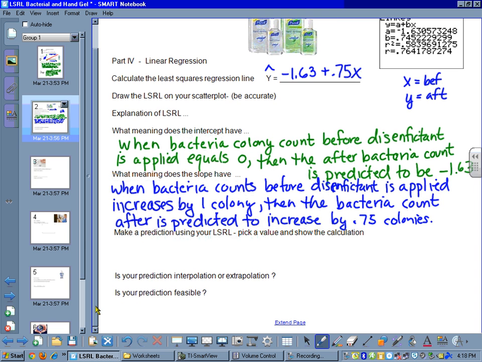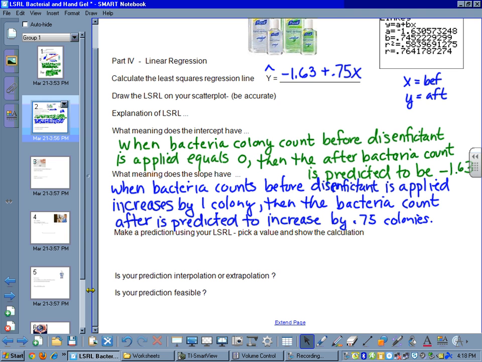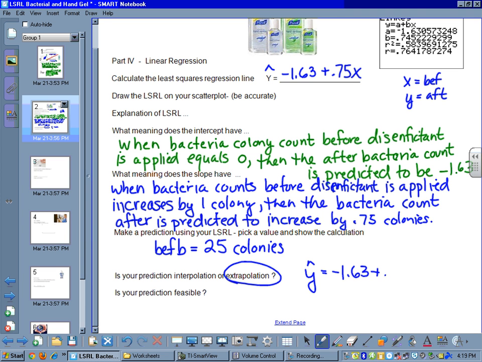All right, finally we're going to make a prediction. If I look back at my original data, the smallest before count is 3 and the largest before count is 19. I'm just going to take 25, which is outside my range, so I'm doing extrapolation, which sometimes can cause us problems. So I'm picking the before bacteria count to equal 25 colonies. And if I use my equation, y hat equals negative 1.63 plus 0.75 times 25.